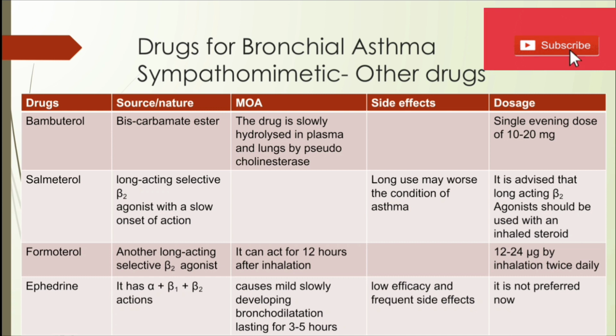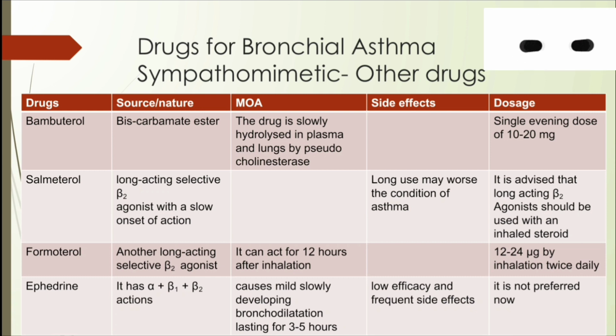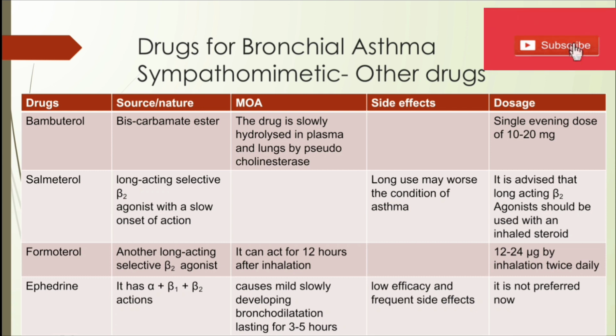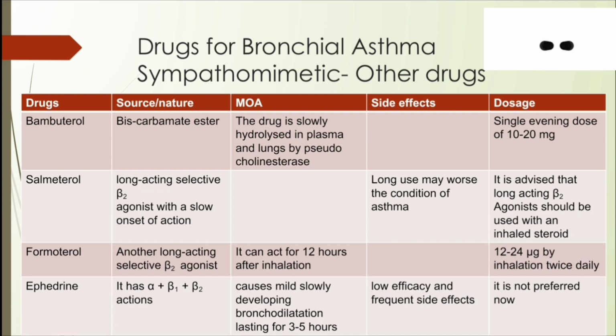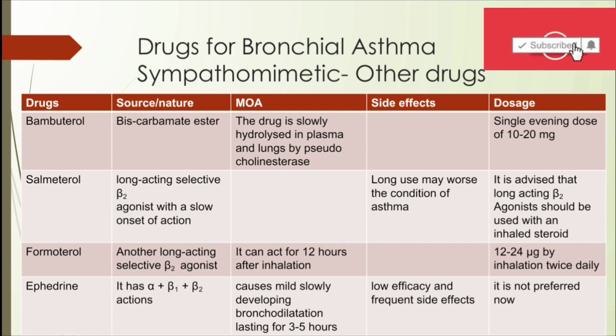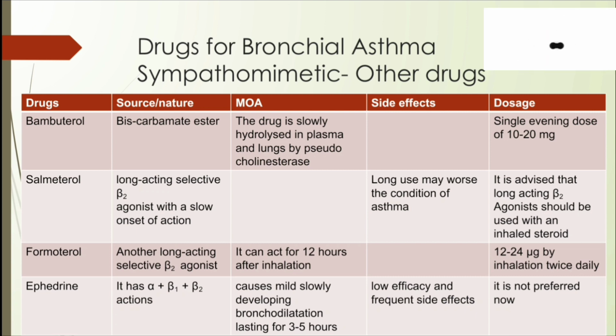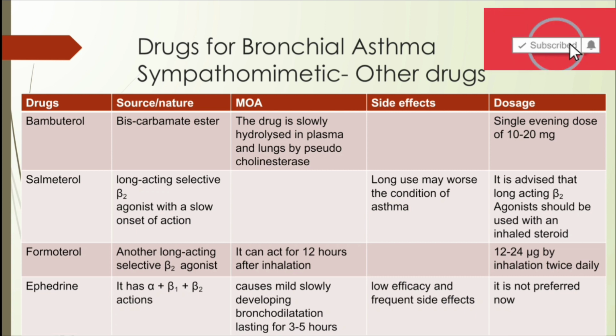It is a constituent of older combination formulations and is used for mild to moderate chronic asthma. And because of low efficacy and frequent side effects, it is not preferred nowadays. So this is all about the bronchodilators, the first class sympathomimetics, that is the beta 2 agonists.